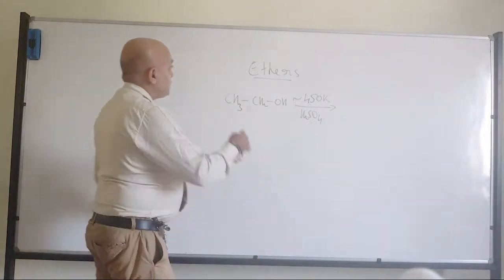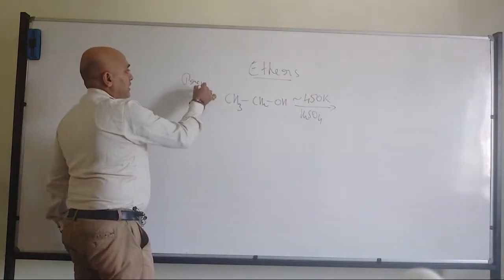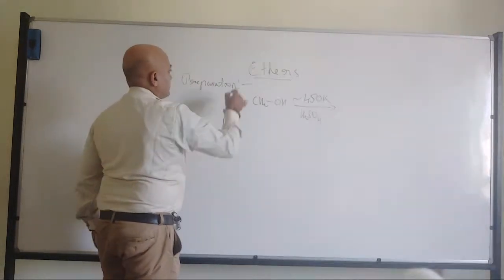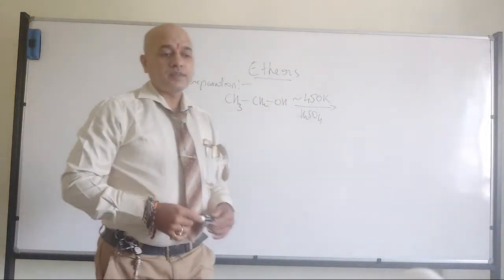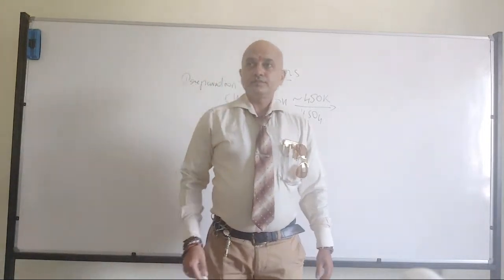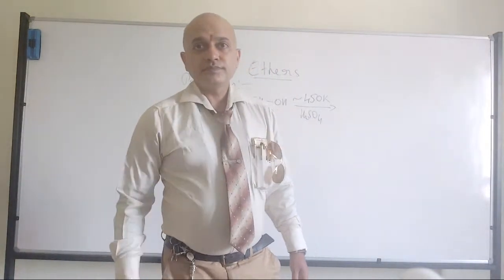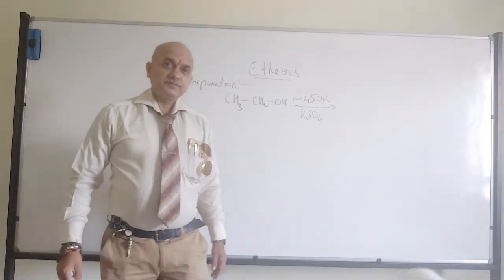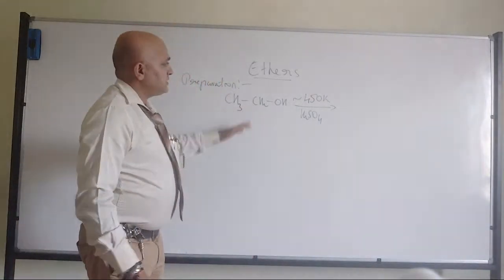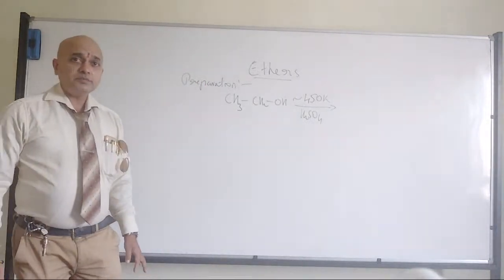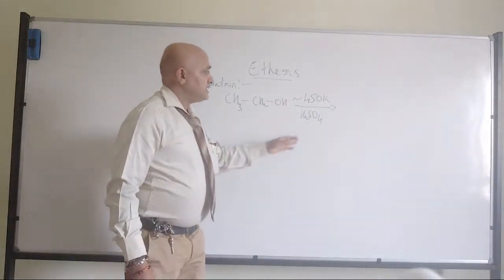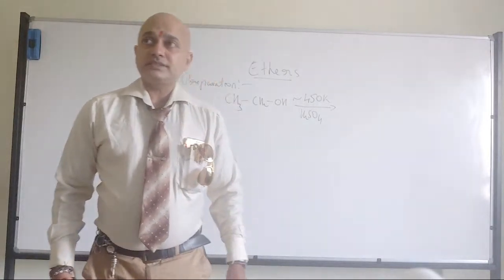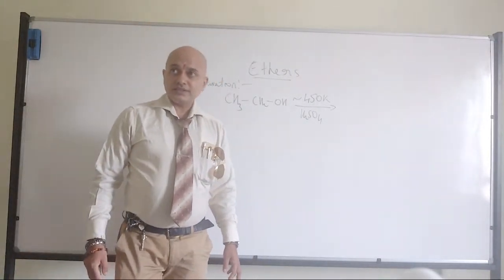So I am talking about preparation of ethers. We have ethanol, we are heating it up to 450 Kelvin in the presence of concentrated sulfuric acid. What will be the product?